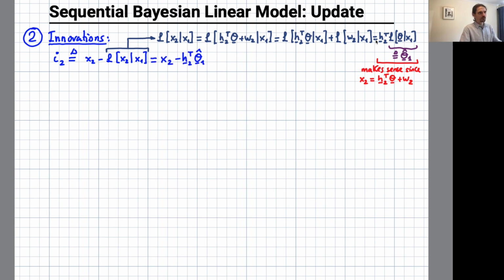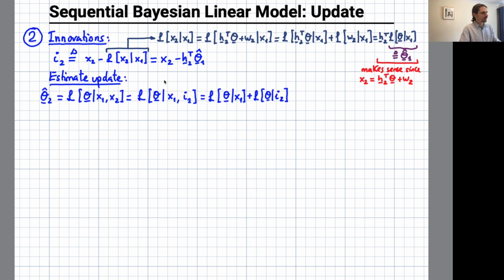We now substitute this LMMSE estimator here, and this yields the innovations. Now we are ready to apply the innovations trick, which, remember, states that this LMMSE estimate is equal to the LMMSE estimate given x1 and I2: the information received at x1 and the new information obtained at step 2.